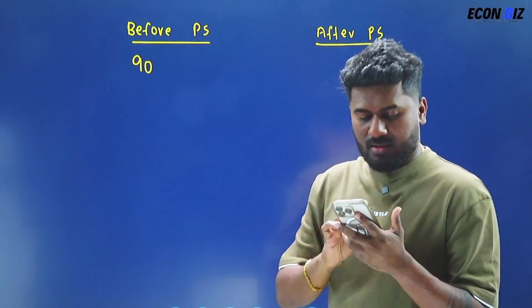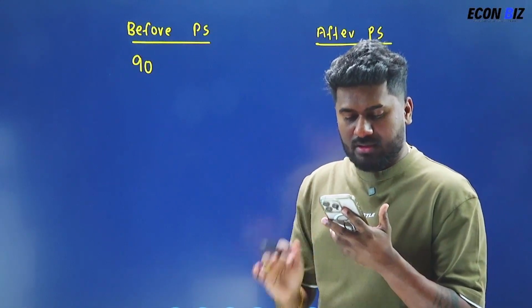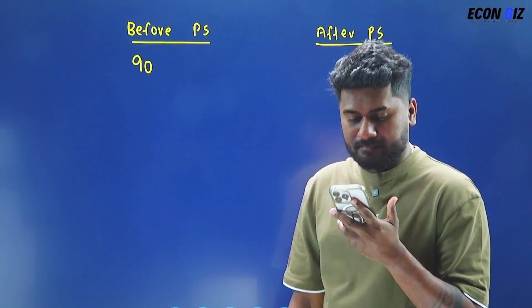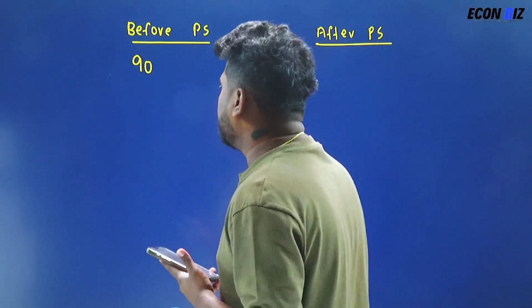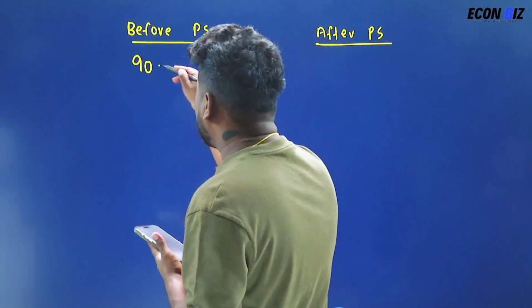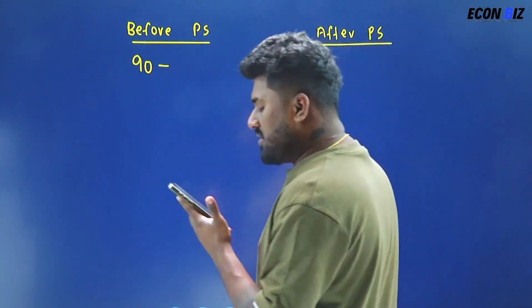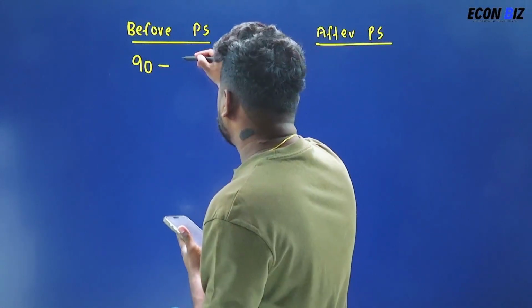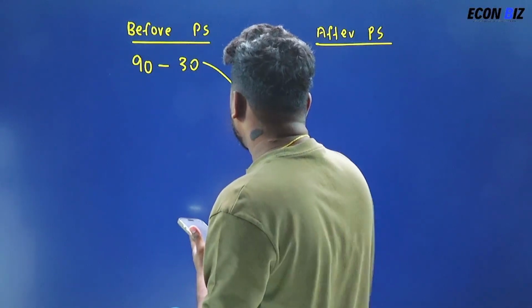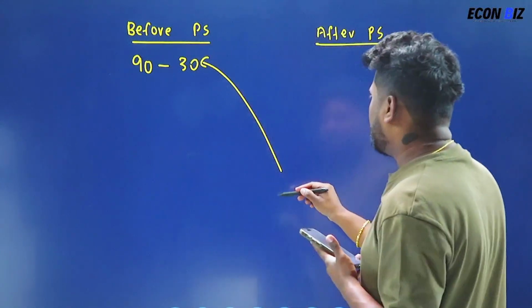The minimum expected price of the producer, how much? That is 30 rupees. So how to get this 30 rupees? You know that.